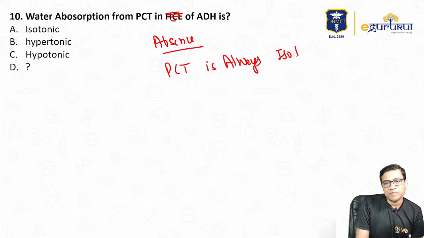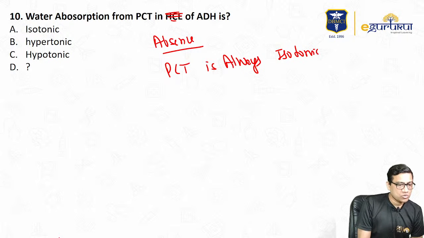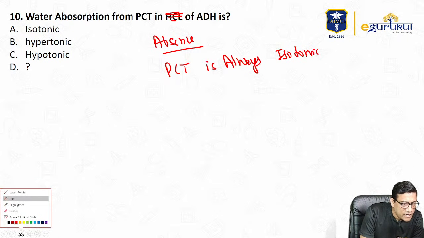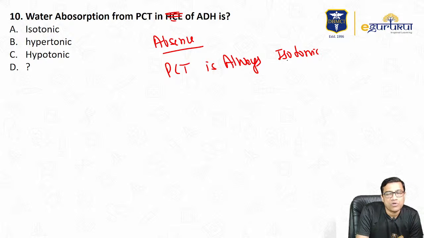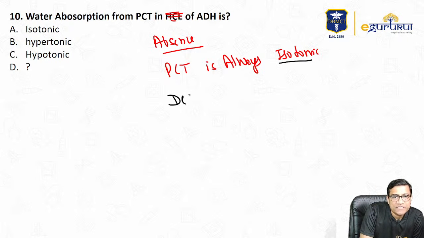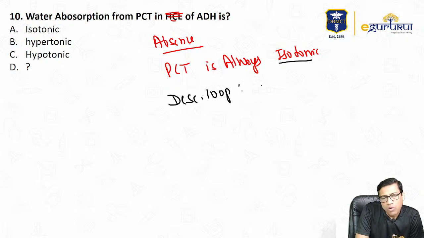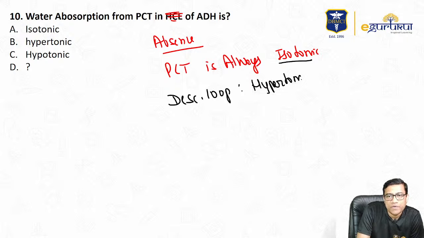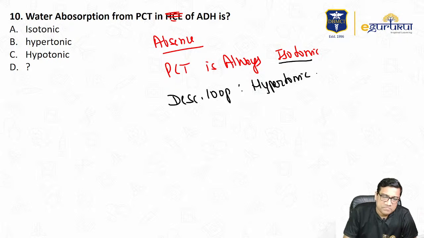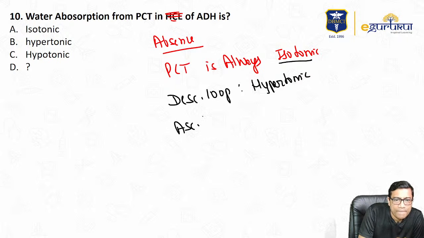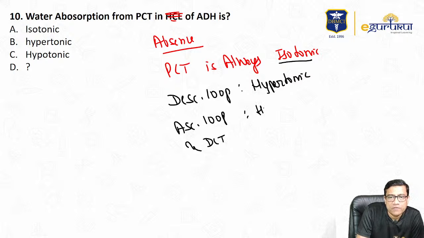It gets filtered plasma. So always isotonic. Okay, now what happens? The descending loop absorbs the water, always hypertonic. Okay, then the ascending loop and DCT, always hypotonic.